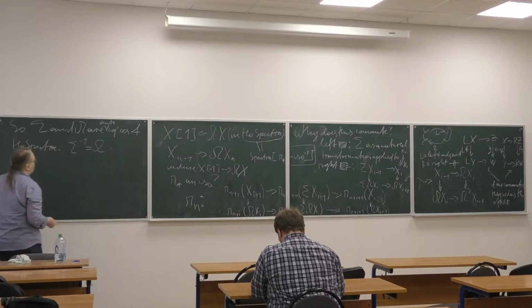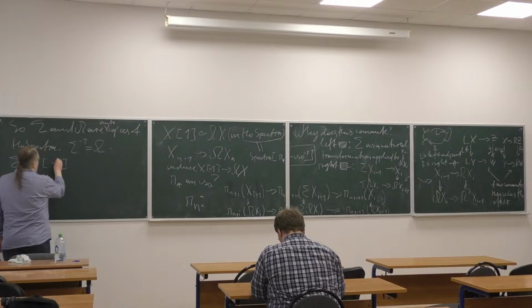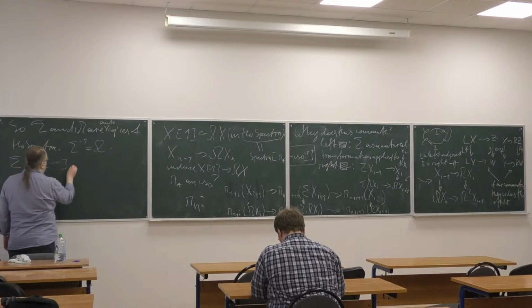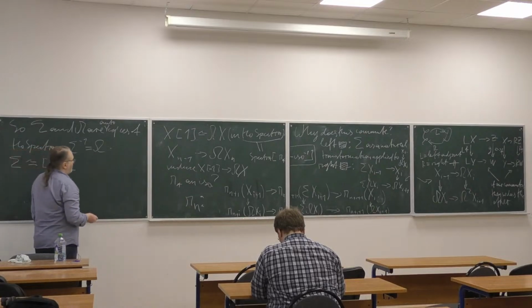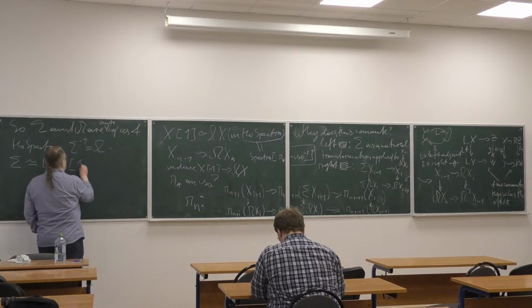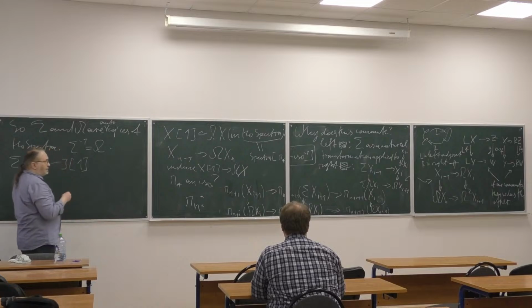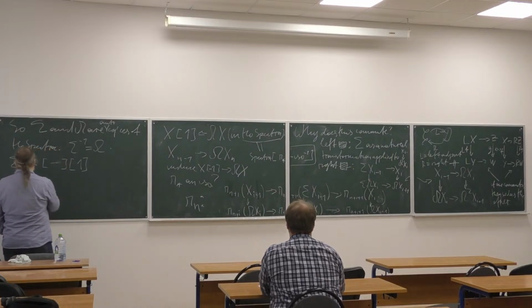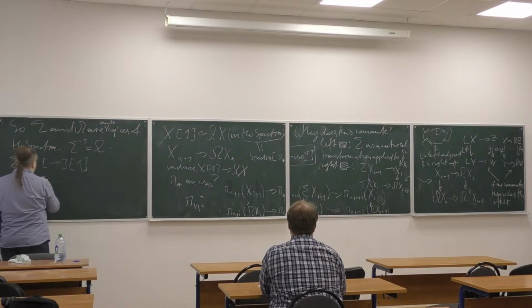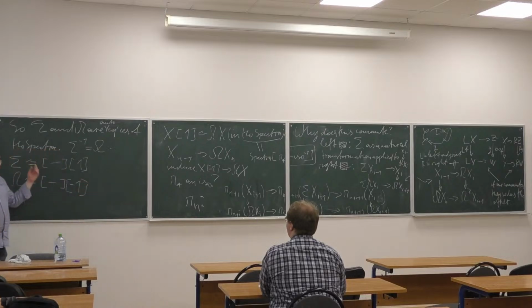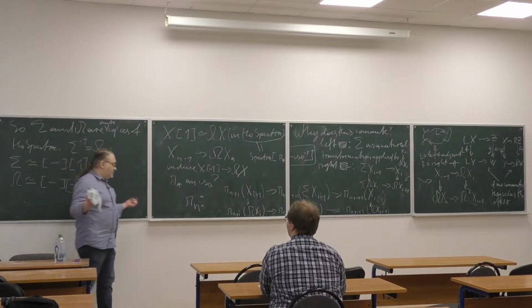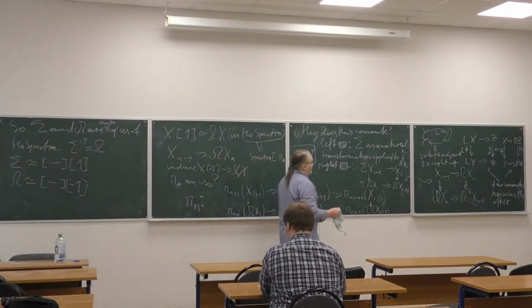One is the inverse of the other, and sigma is isomorphic to the shift to the left, and omega is isomorphic to the shift to the right. Well, those facts are quite useful.